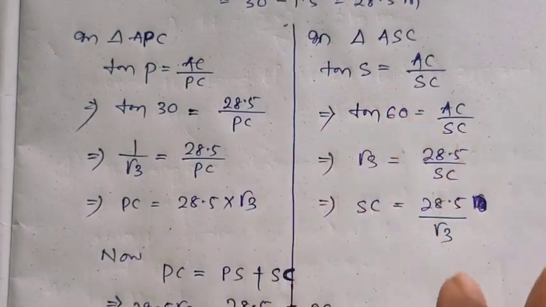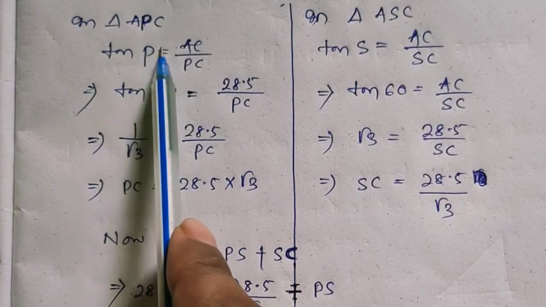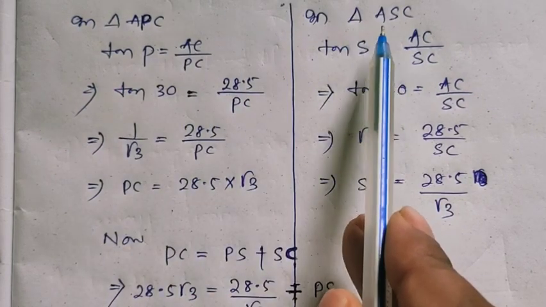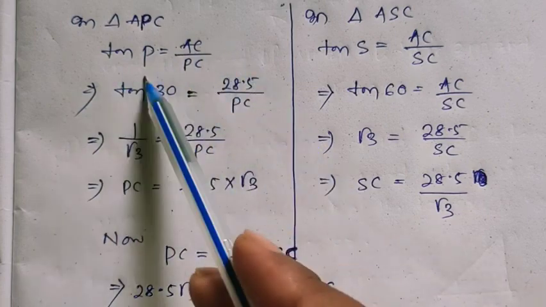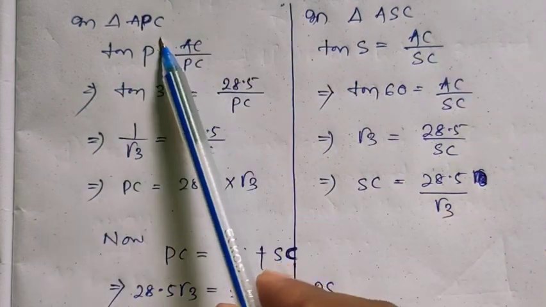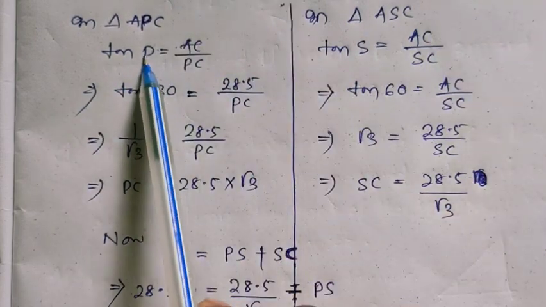Now we'll discuss two conditions, in triangle APC and triangle ASC. Draw a figure in your note and try to understand.